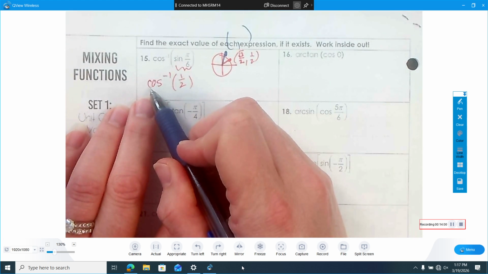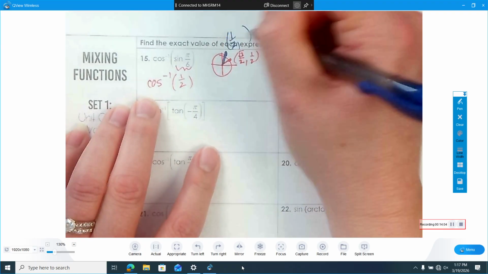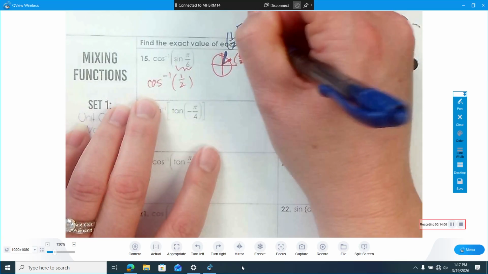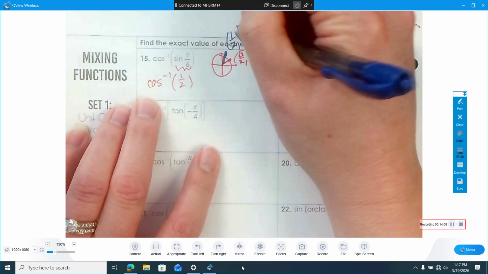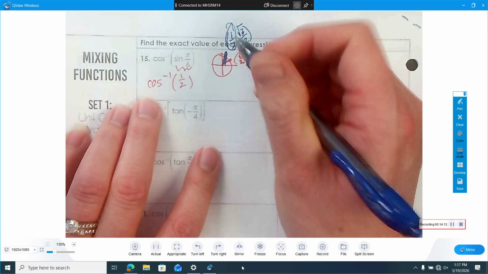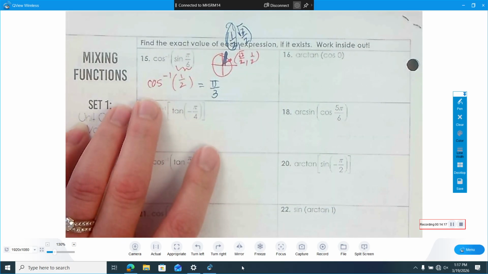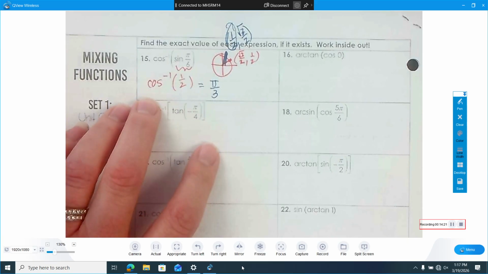That's the x coordinate. So here at pi over 3, the x coordinate is 1/2. So that's the one, that's the 1/2 I need. And that comes from this angle at pi over 3. So these ones are very different.